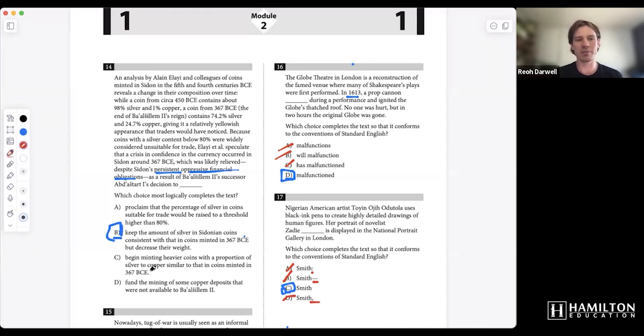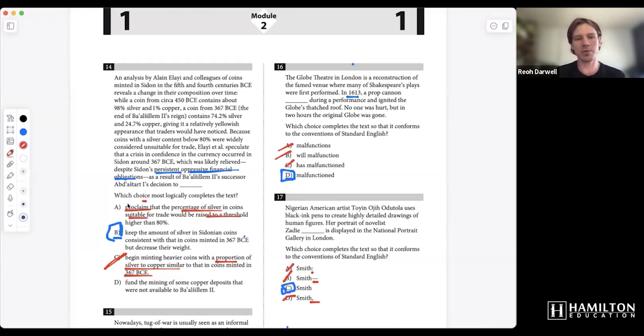Okay. What's wrong with C, for example? The proportion of silver to copper is similar. No good, right? We need the proportion to be radically different. So if it said 450 BCE instead of 367 BC, maybe we could choose C, but it doesn't. A says proclaim the percentage of silver is suitable, right?